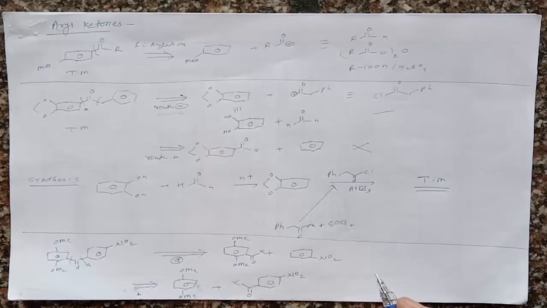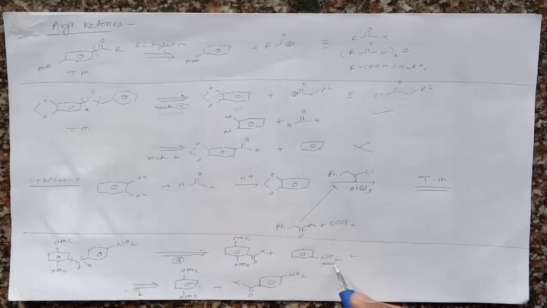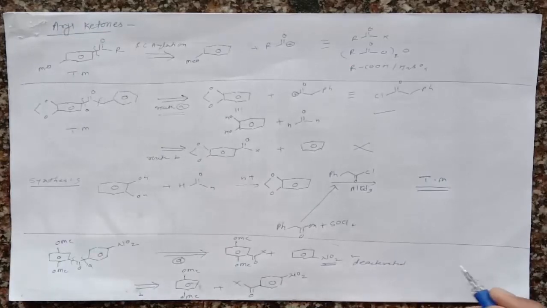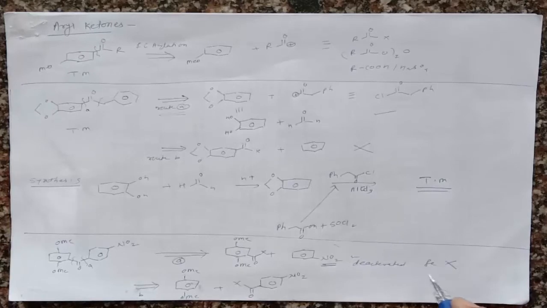But if we see among these two disconnections, if we go for FC acylation by using this reaction, we know that the aromatic ring must be activated so that it can donate the electron here and form an FC acylation product. But due to this nitro group, the ring is deactivated, and therefore FC acylation will not proceed, right?